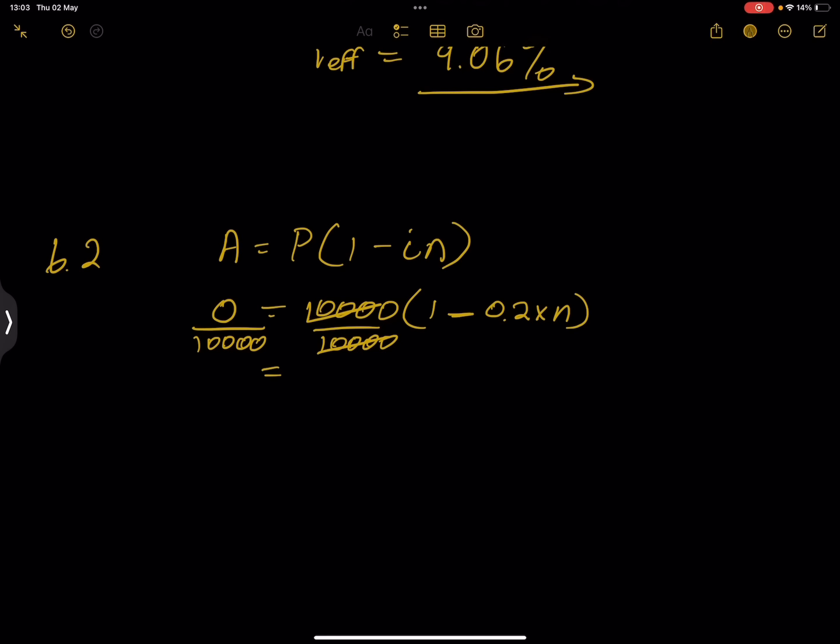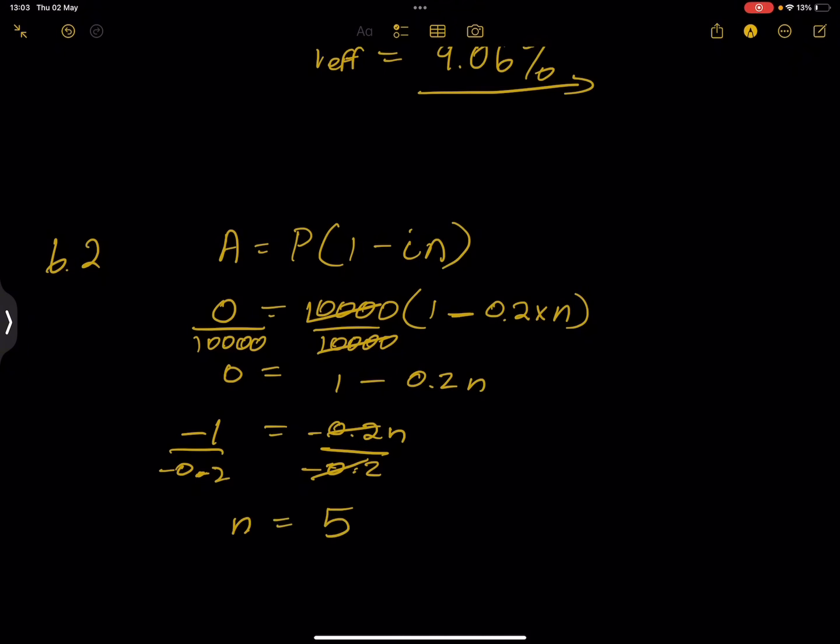So I'm going to have 1 minus 0.2n, and if I take the negative 1 to the other side, it becomes minus 0.2 times n, and if I divide both sides by negative 0.2, I get n to be equal to 5. So after 5 years, the laptop will be worth absolutely nothing.